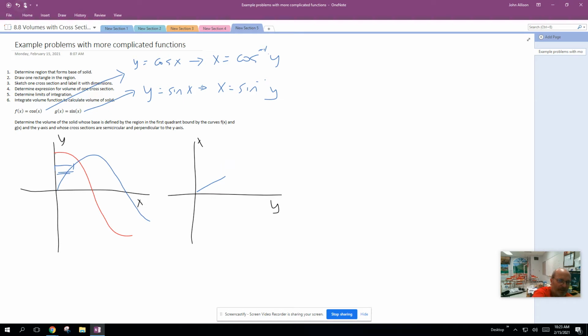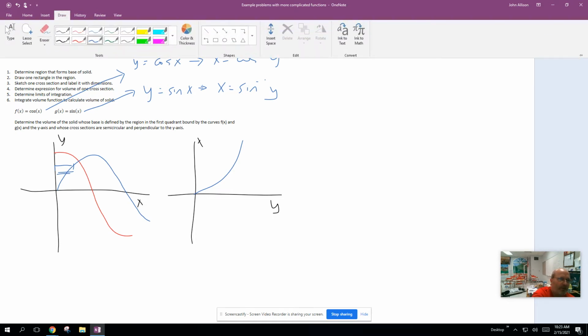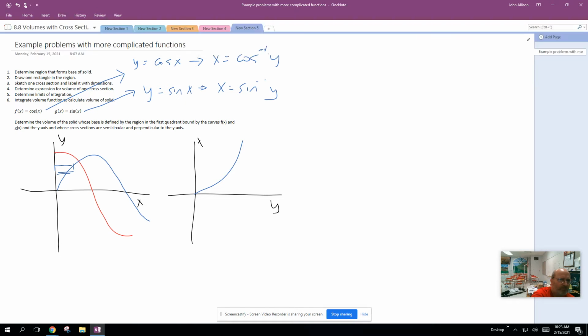And the cosine inverse, when I flip that, is going to look like this. And so now we're looking for this region in here.